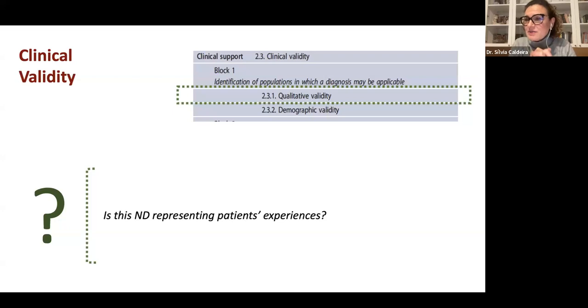So the qualitative research is very important to refine the nursing diagnosis. And it's here in this framework, and thank God it's here, because we do need the qualitative research to get a deeper insight on patients' and populations' perspective or voice on living that human response.